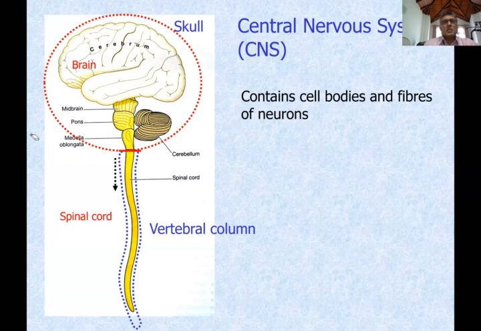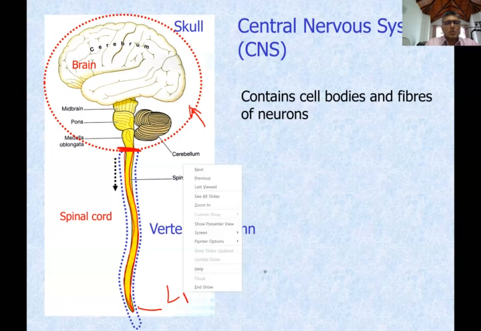So when you take the central nervous system, the brain and the spinal cord, the brain is inside the cranial cavity here, and the spinal cord starts from the foramen magnum here in the skull base and continues down through the vertebral canal up to the lower border of L1 vertebra.